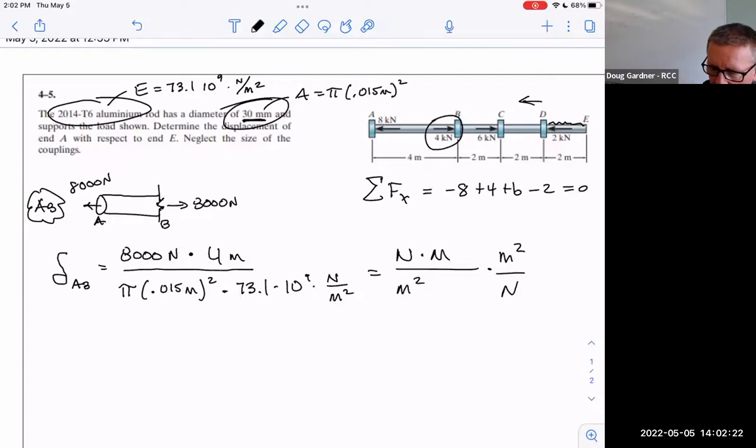So let's see what happens to all that stuff. Let's switch to red. Newtons are gone. Square meters are, oh look, it ended up in meters. That's good because we needed a length, right? Now, is that a good place to end up? Do you want to measure something getting longer in meters? No, probably millimeters. Interestingly, if we changed that to millimeters and called that 4,000 millimeters, that's probably better.